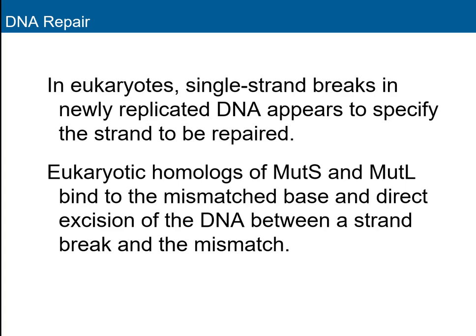Apparently there are single strand breaks in that newly replicated DNA that haven't been completely sealed up, and that's how they can specify the template versus the newly synthesized strand. And there are eukaryotic homologs of the same proteins we just mentioned in E. coli. Remember, homologs just means a gene that basically has the same function in a different species.